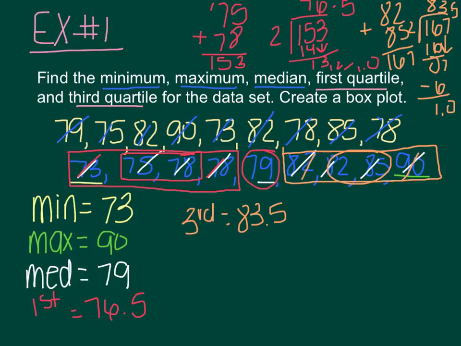Now all we do is we take all these numbers and pretty much put them on a number line. So let's draw our number line. And our number line has to go from the minimum number up to the maximum number, at least. So we have to go from 73 to 90.